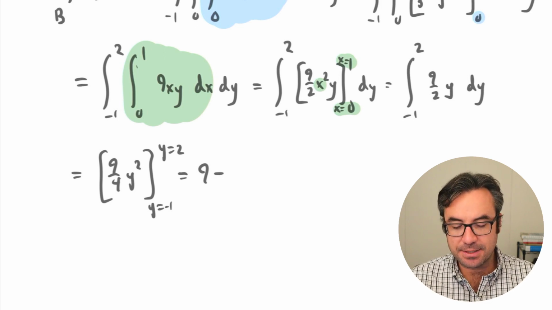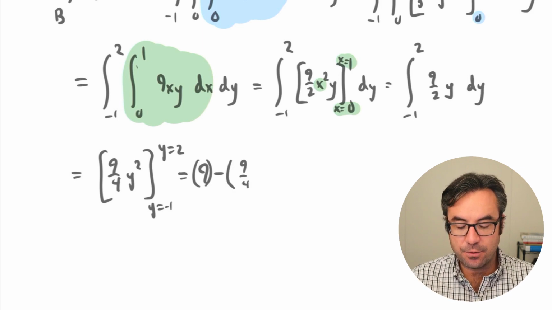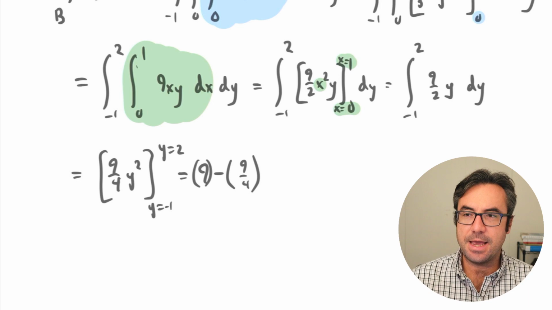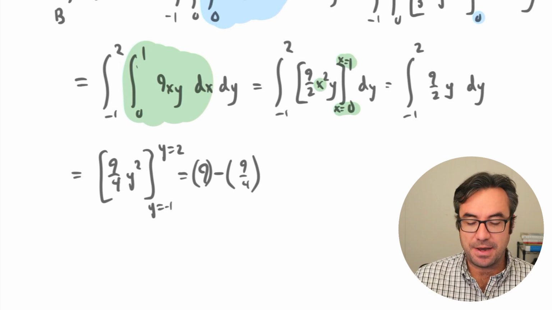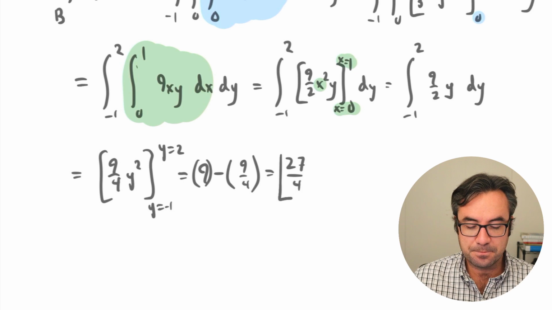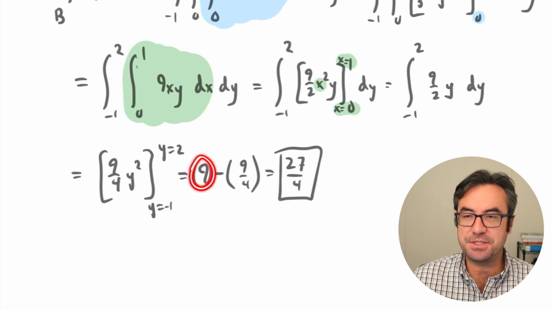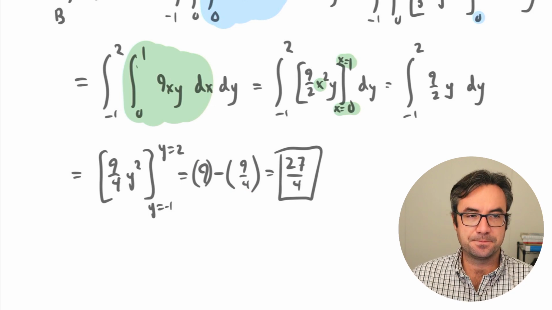Then we subtract. And when I plug the -1 in, we end up with 9/4. And if we clean this up, yeah, we can leave it like this, really. Perfectly fine. But if we did simplify, I think we end up with 27/4. So this is 36/4 if we get a common denominator. Perfectly fine to just leave it like this, though.